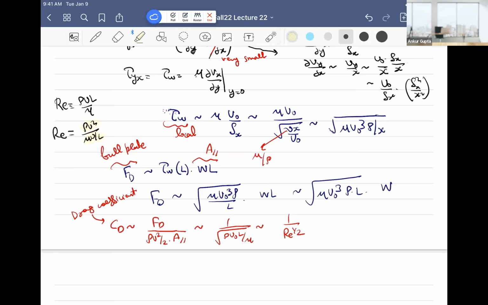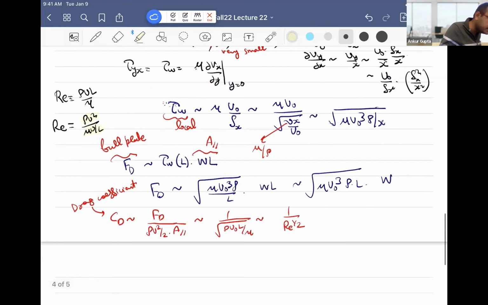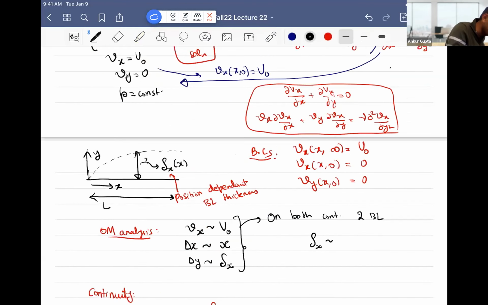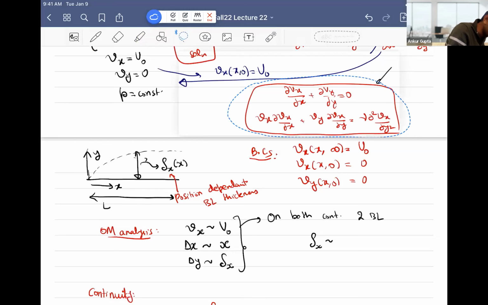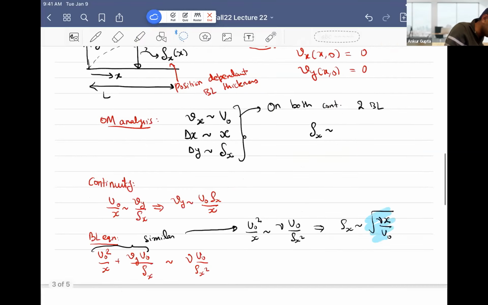Okay, so let me set up the problem before taking the break. So we have done this. Now we have this. I'll just copy paste this here. Let's come back to this and then try to solve this problem.